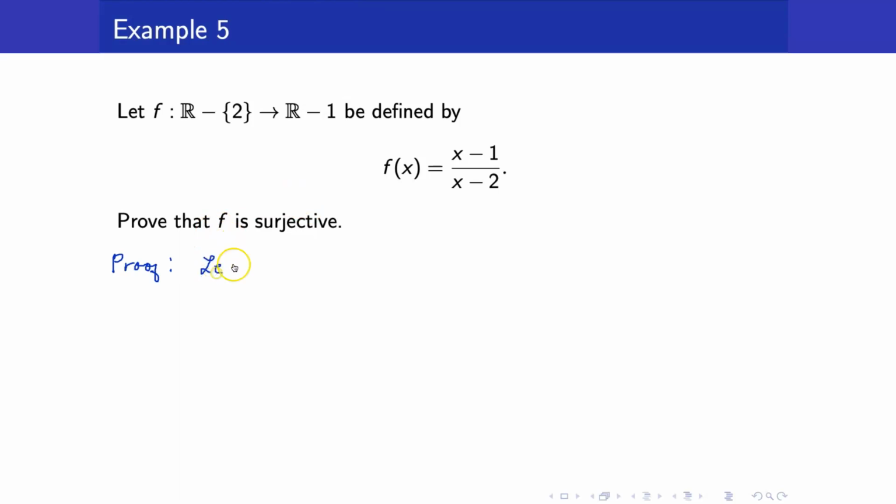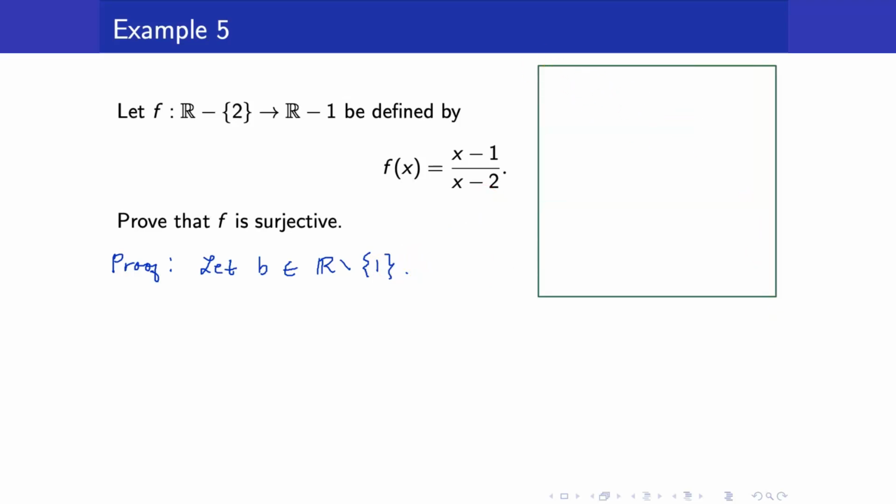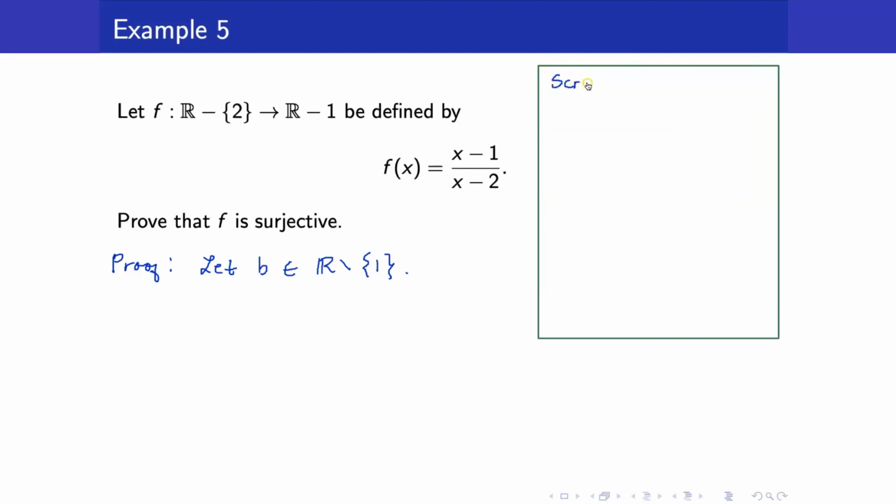So we get an arbitrary element in the codomain. So let's call that b again. Let b be an element of R, which is a real number but not equal to 1. Let's have our scratch work here. So we want to find a such that f of a is equal to b. We're looking for the pre-image.